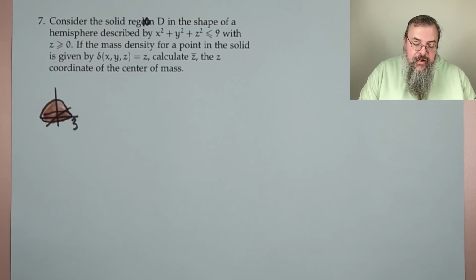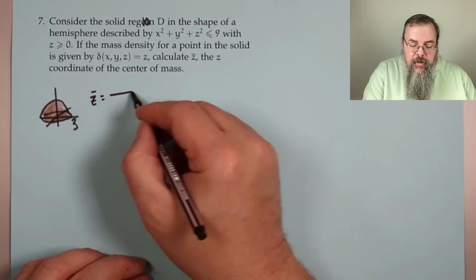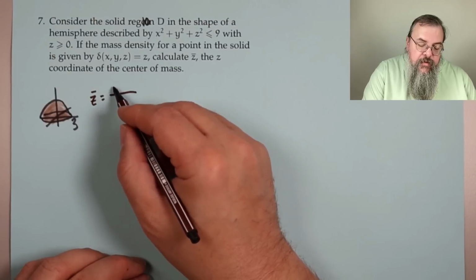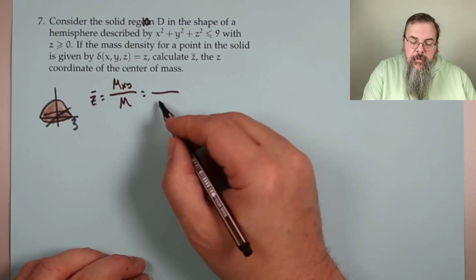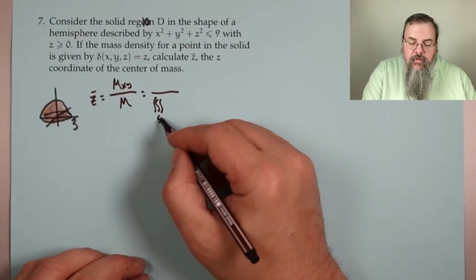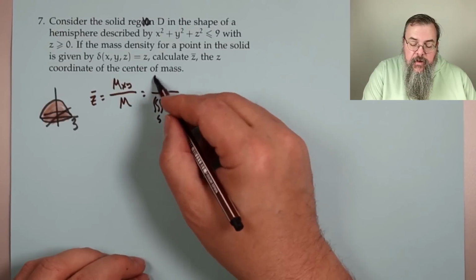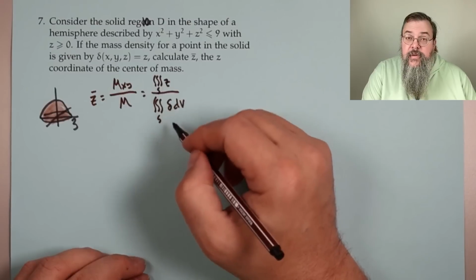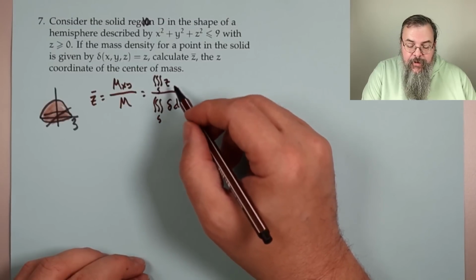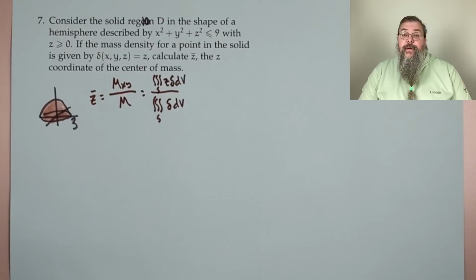So z bar, it's an average, if you will. So it's the moment, xy, over the mass, and where the mass is the integral over our solid of our density. While up here, the moment, it's z, which is distance to our xy plane, times density. All right, so those are our two integrals that we need to do.